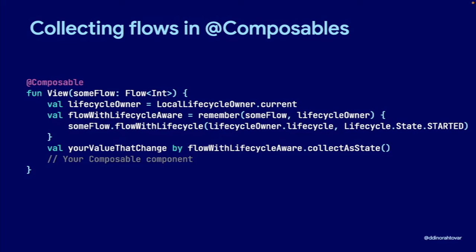But a couple of days ago, if you follow Manuel Vivo or Ian Lake on Twitter, you might notice they pushed a new version of the lifecycle.ktx library. This library has another way to collect as a state using the life cycle.